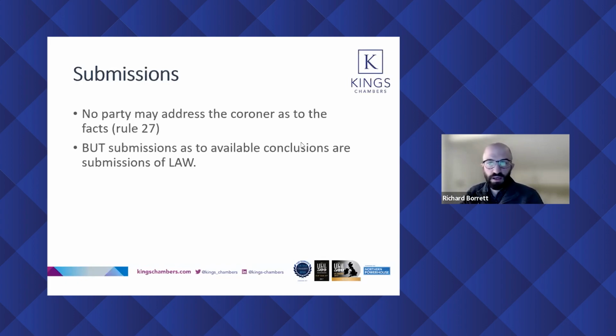They may be unlawful killing, accident, or misadventure, or it may be road traffic accident, or open, or there are various conclusions. And the coroner, in doing so, has to consider which conclusions are available on the evidence, which conclusions it is safe for the jury to reach, which is called the Galbraith Plus test.